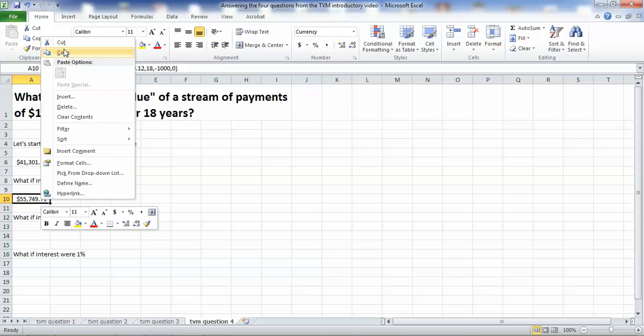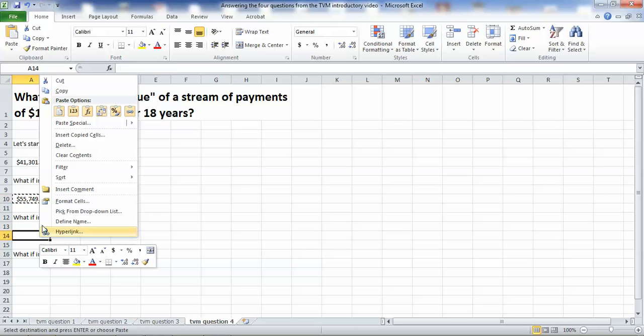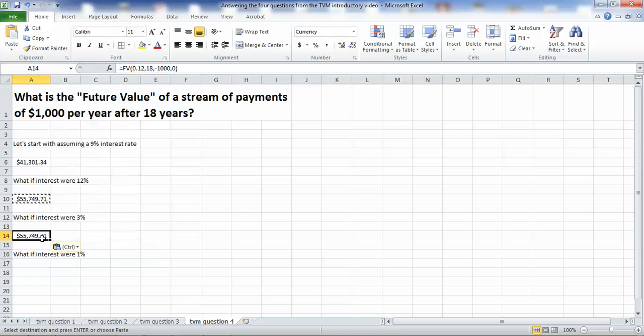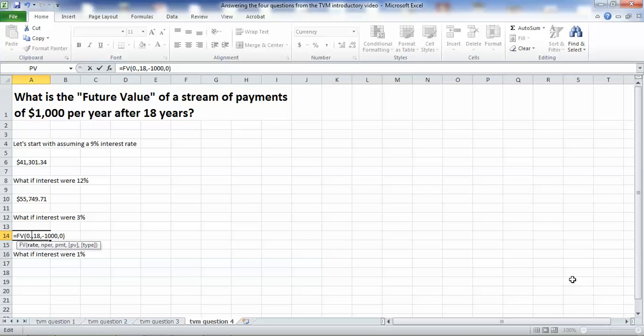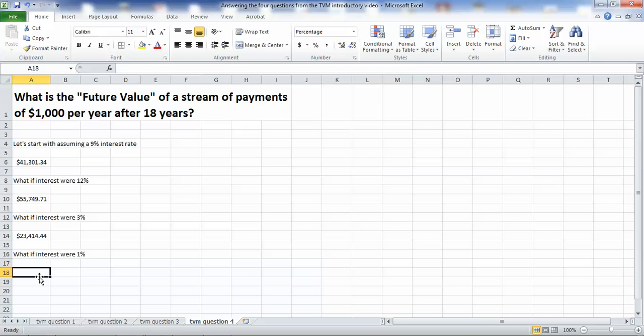So let's go ahead and do our copy and our paste. Save ourselves a little bit of typing. Go right in, and instead of 12%, we put in 0.03 for 3%. Hit return, $23,000. Gonna have trouble going to college on that. Okay, what if our interest rate were only 1%?